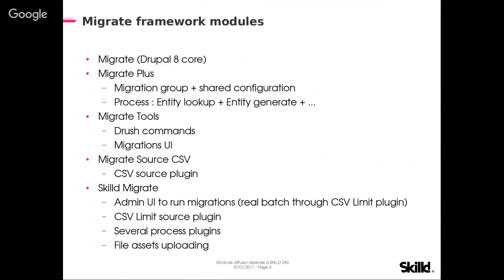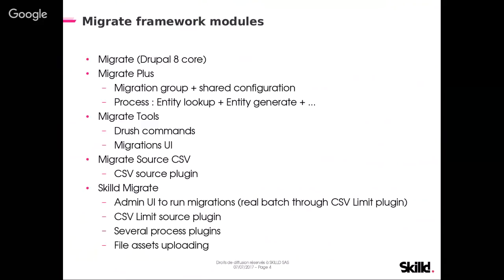Several migrations can be grouped together into a migration group, and the group can provide shared configuration to every migration in the group. Also, Migrate Plus provides some additional process plugins, and the most useful are entity lookup and entity generate. We will see later how to utilize them.